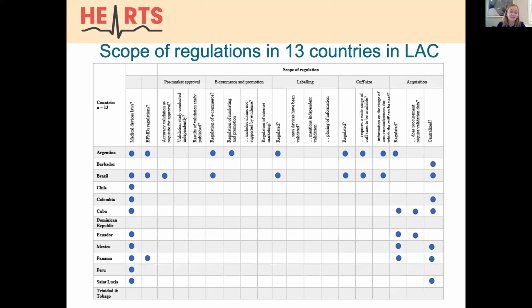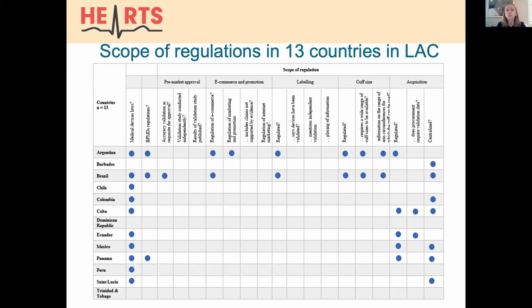We can see that most of the countries, 10, have a medical devices law. This is the legal foundation for any regulation. So most countries have this foundation, but when it's about a specific regulation of blood pressure measuring devices, only 3 of those countries have it. So it's all general: there's a general law, but blood pressure measuring devices, which have very specific characteristics, are not regulated, except in the 3 countries.